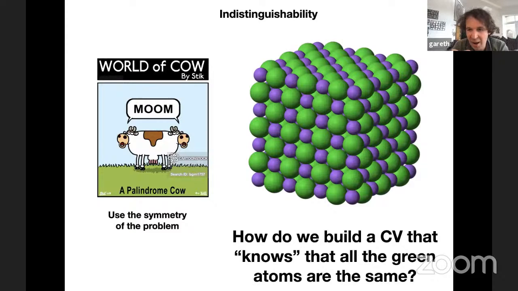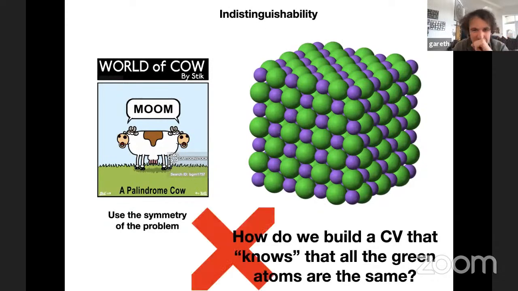And in the tutorial, I show you a particular way of doing this. And the way that I'm going to show you argues that thinking of this in terms of building a CV that knows that all the green atoms are the same is not the right way of thinking about this problem.